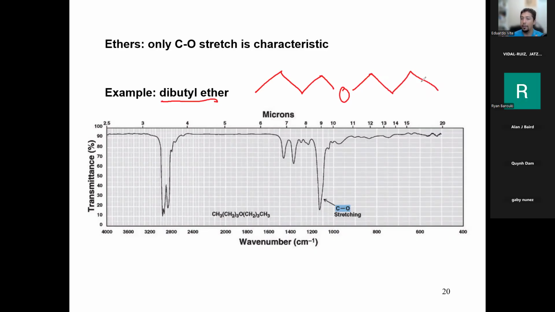Very simple molecule. I only have carbon-hydrogen bonds. I only have carbon-oxygen bonds. So you see the spectrum looks very clean. So let's take a look. Again, we start at the high wave number. Look at the biggest wave number. I'm going to use green. What's this? It's everywhere. It's present in all spectra. What is this?